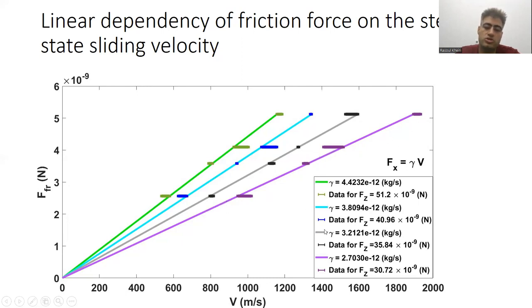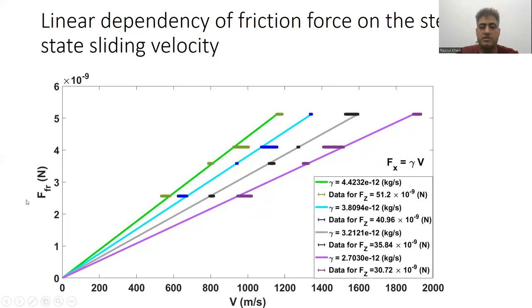Then the normal load changed, and again velocities of the steady state regime were gathered, and all together we see a linear dependency of friction force on velocity. So here we have results for different normal loads and also for different horizontal forces.